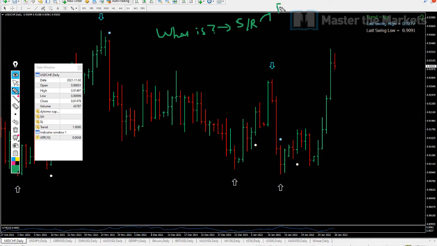It can be a Fibonacci level, a horizontal support and resistance, or a swing high and low, whichever support and resistance type you're looking at. The first R is what we call the rejection of that support or resistance.